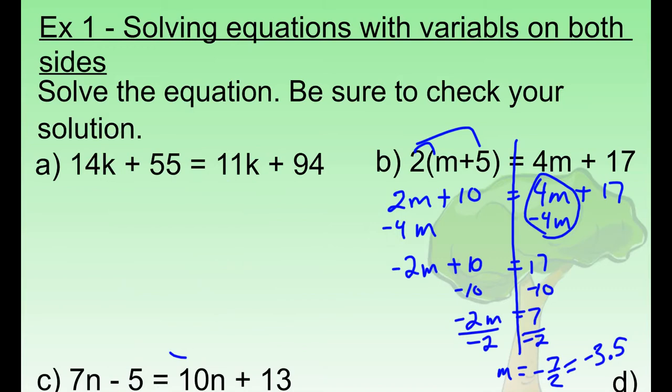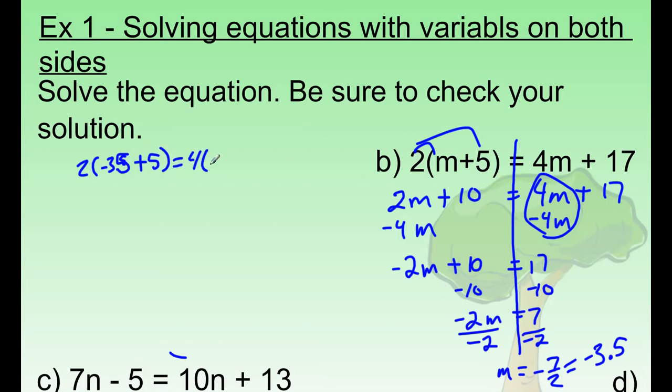Let's check. I don't need to. So let's see. 2 times negative 3.5. Ooh, missed my plus sign. Plus 5 equals 4 times negative 3.5 plus 17.